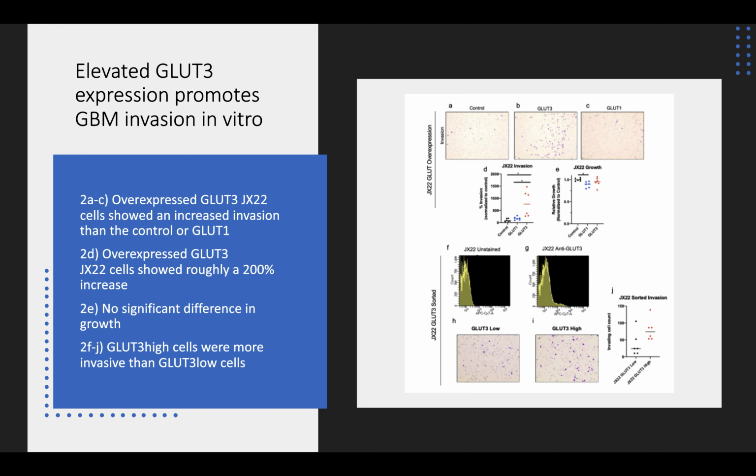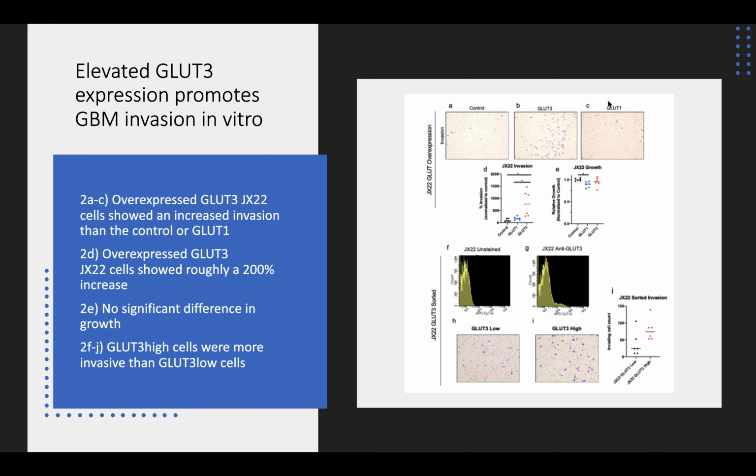So, as it relates to that, we see that in figure 2A, this is the control as it relates to invasion and the relationship with JX22 GLUT overexpression. In figure 2B, we see GLUT3 as it relates to the invasion and JX22 GLUT overexpression.